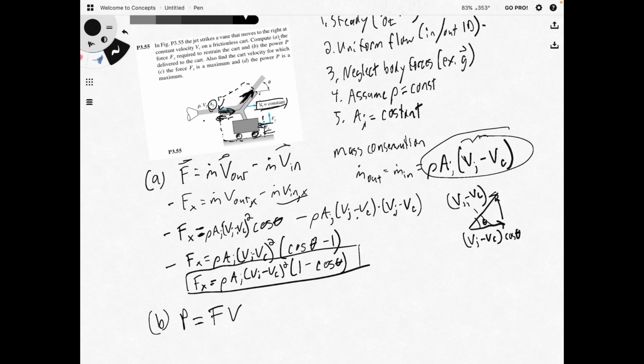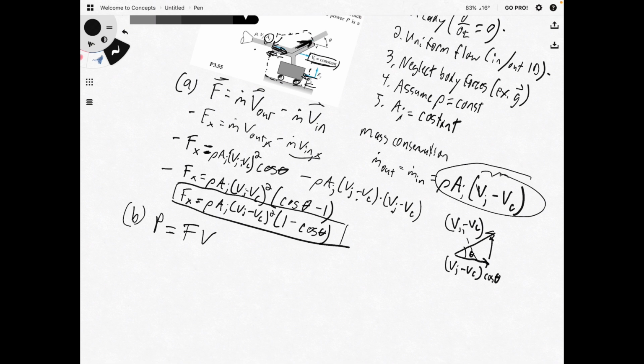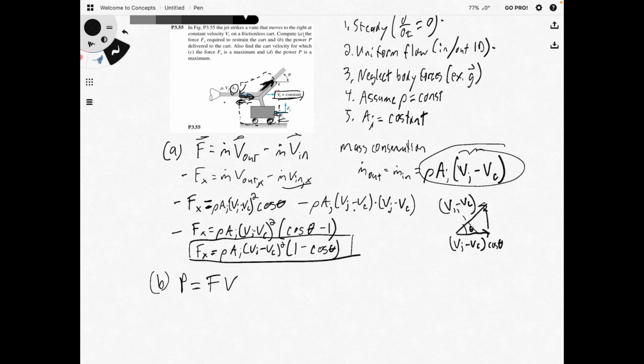Since we're applying that force onto the cart itself, this is going to be the velocity of the cart. And the force that we're applying is in the x direction, so it's going to be Fx.